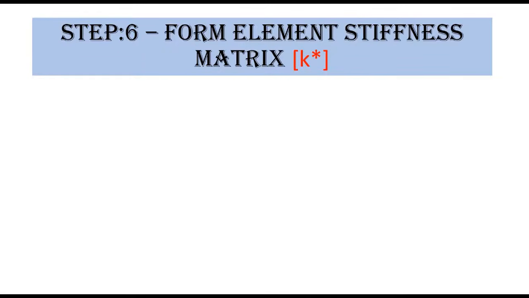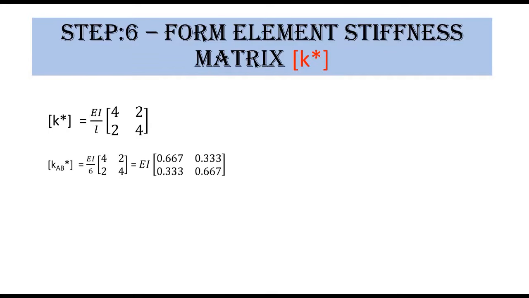And the sixth step is to form the element stiffness matrix. In order to form it, we have the equation K star is equal to EI by L times 4, 2, 2, 4. For AB, the length is 6, so we apply the value EI into 4224 divided by 6.